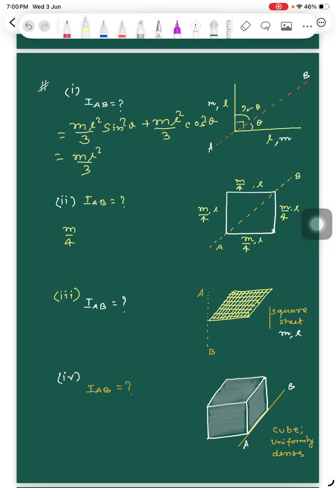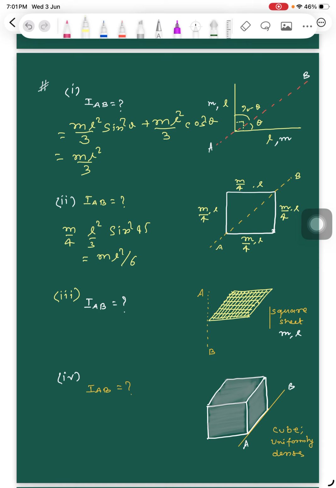And since there are 4 identical sides, each placed identically with respect to this diagonal, the answer should come out to be equal to ML square by 6.